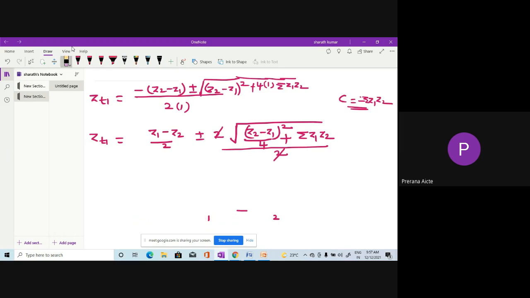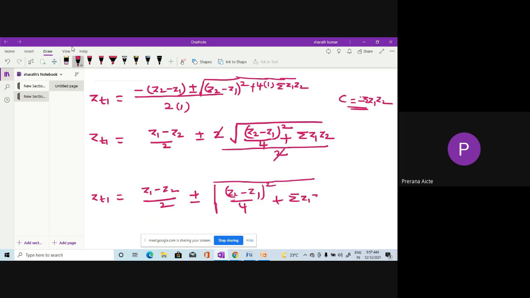the iterative impedance of your network: ZT1 is equal to (Z1 minus Z2) divided by 2 plus or minus the root of ((Z2 minus Z1) divided by 2) whole square plus the summation Z1Z2. Similarly, you can find it for network T2 also.